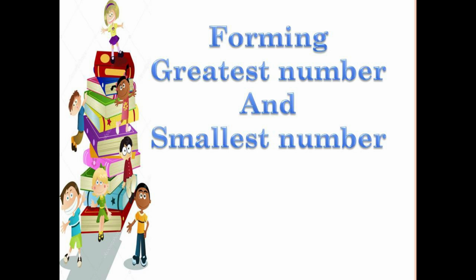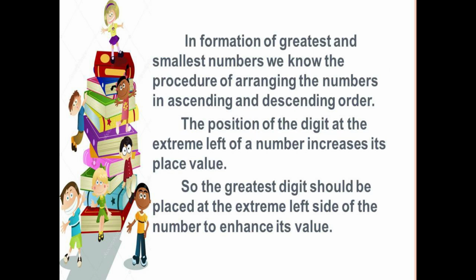The next concept is going to be forming the greatest and smallest number. In forming greatest and smallest numbers, we use the procedure of arranging the numbers in ascending and descending order. The position of the digit at the extreme left of a number increases its place value.